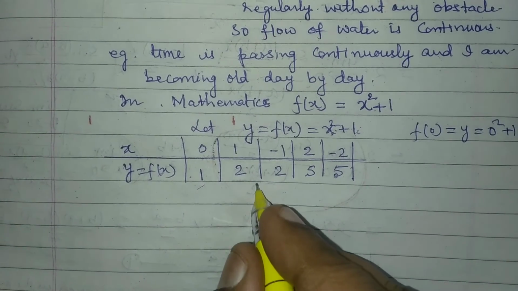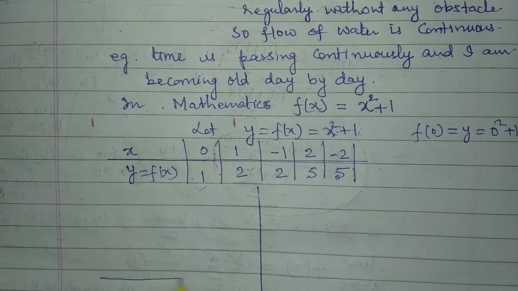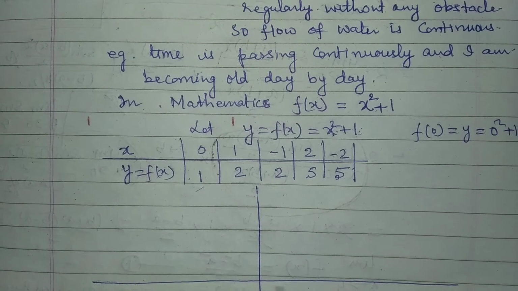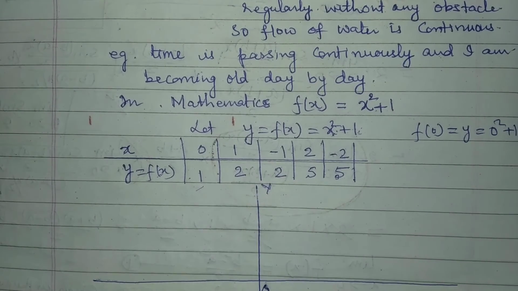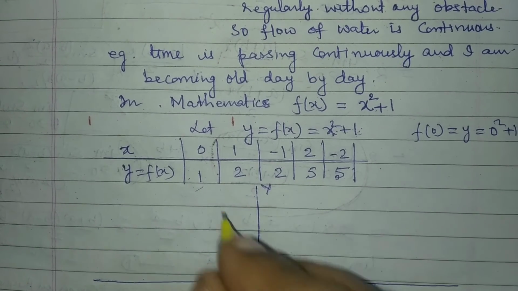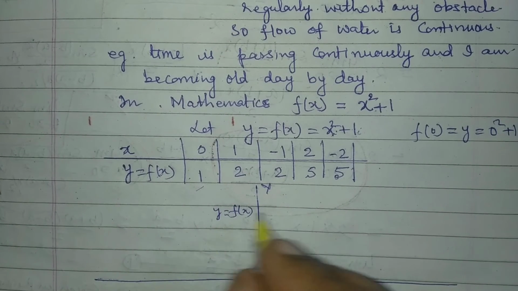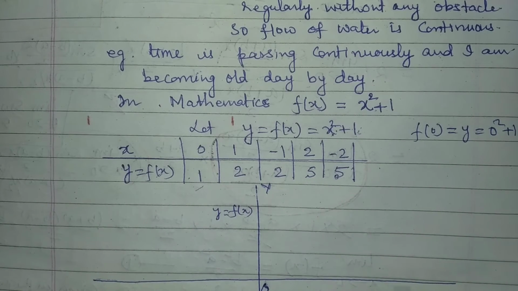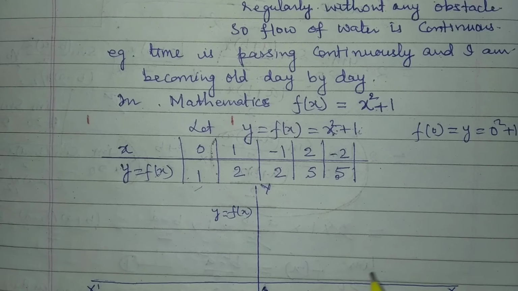So let us draw a graph by taking 2 or 3 points. In the y-axis we will represent y or f(x), the function, which is x square plus 1. And in the x-axis we will represent x, the domain of the function.